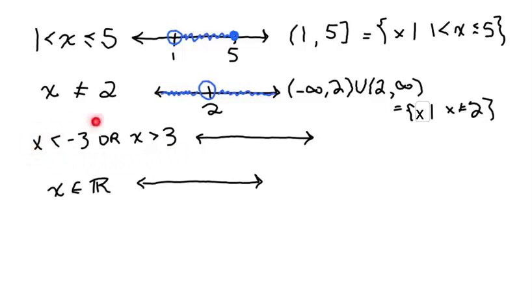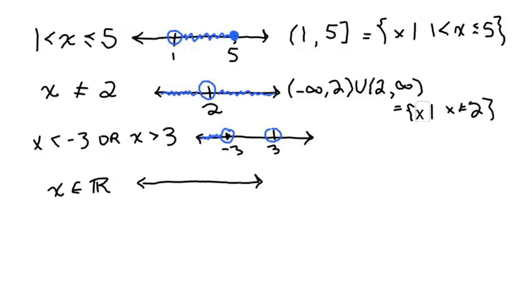Our next example is x is less than negative 3 or x is greater than 3. Let's begin by plotting both of these numbers on the real number line. So here is negative 3 and 3 is over here. Both of these values are going to have open circles. And our first region is going to be less than negative 3. So I'm going to shade in over here.